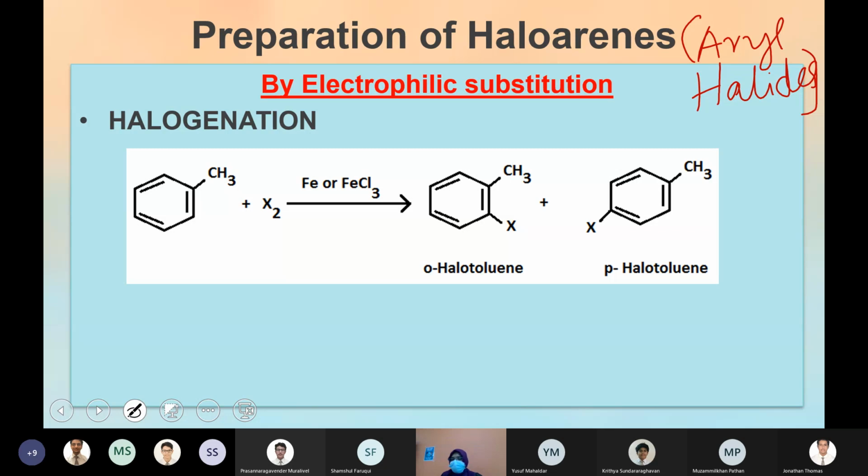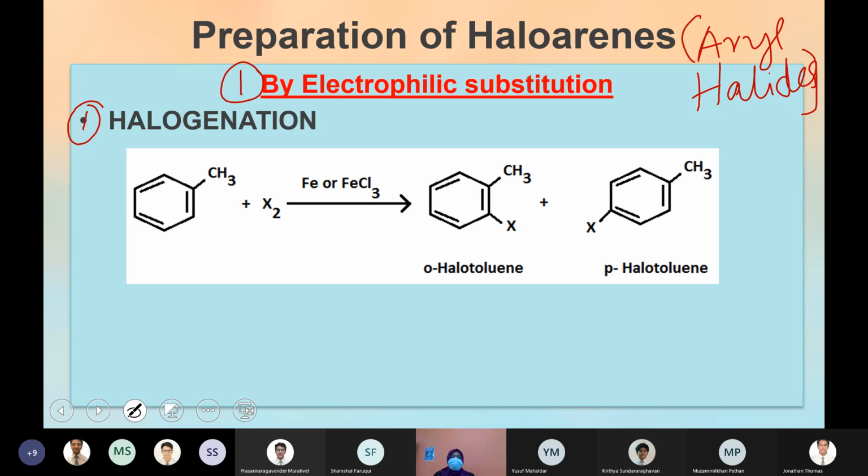Here there are different methods of preparing haloarene. The first one is by electrophilic substitution. Electrophilic substitution means a substitution reaction where an electrophile substitutes another. So first method is halogenation.